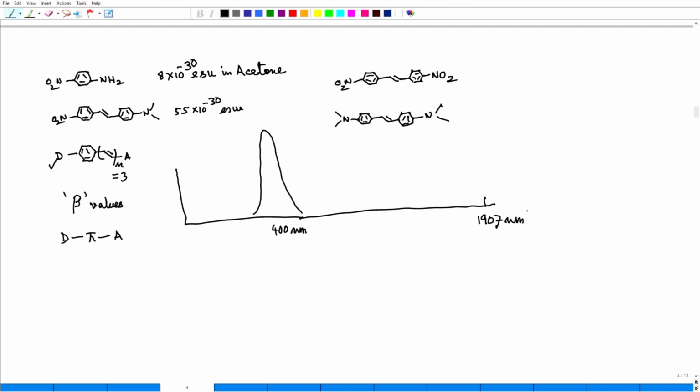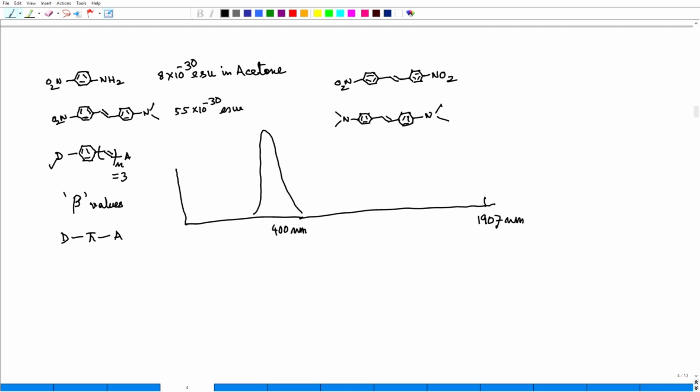So this is called the absorption transparency trade-off, okay? Because I have to use this light, and using this light I am going to calculate beta values.